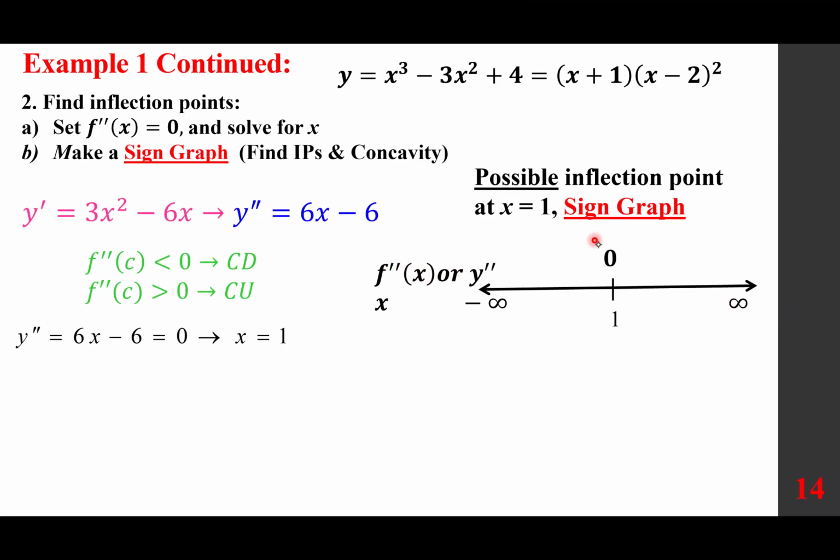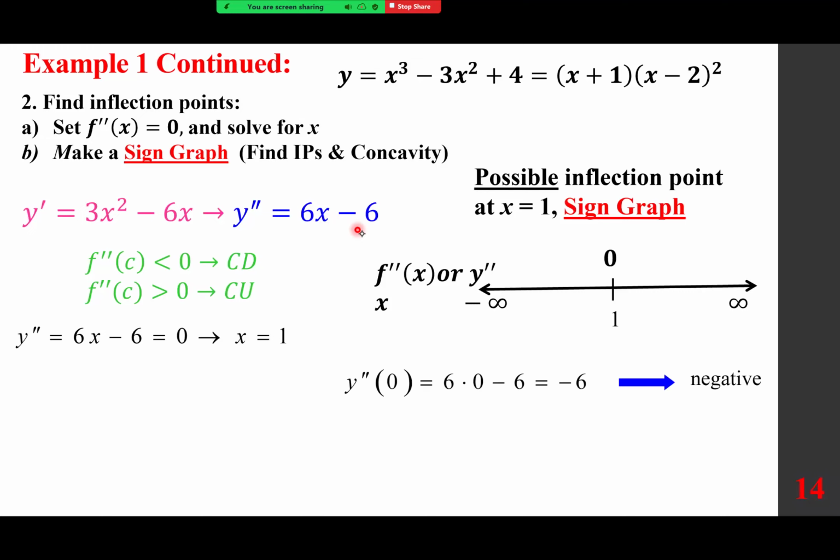So what do we do? We're going to do the test point. Clearly, to the left of 1, an easy number would be 0. We are going to put the 0 into that. We just want the sign. When we plug in, it obviously becomes negative. And when it's negative, it means concave down.